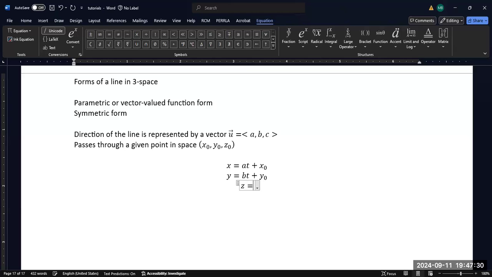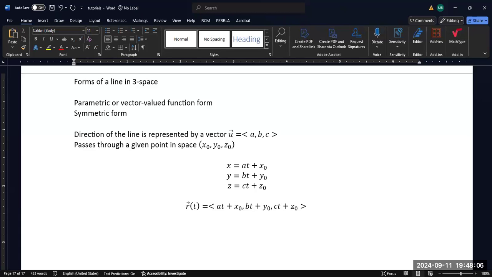And z is equal to ct plus z naught. And in vector valued function form, this is equivalent to a vector where the first component is at plus x naught, and the second component is bt plus y naught, and the third component is ct plus z naught.